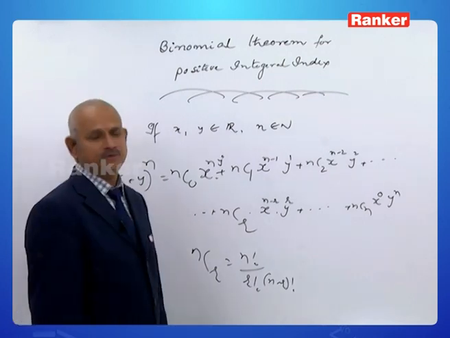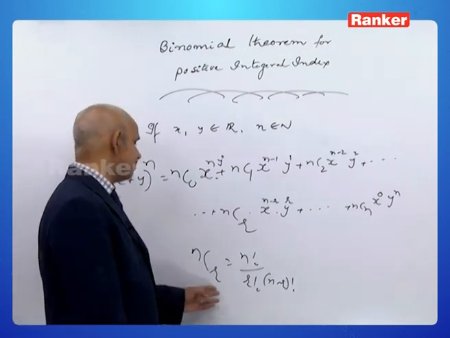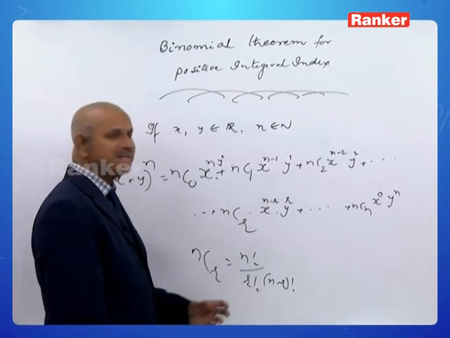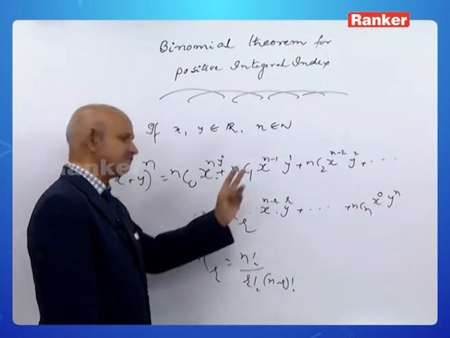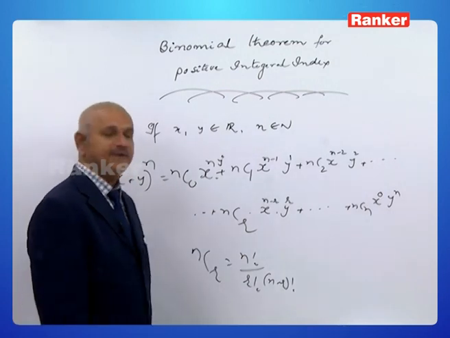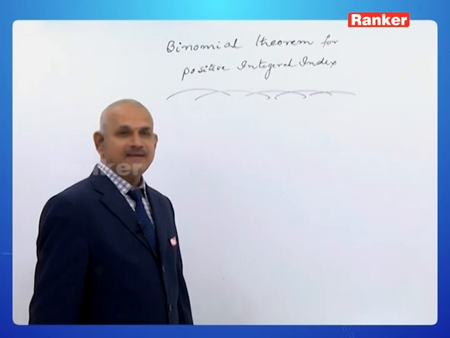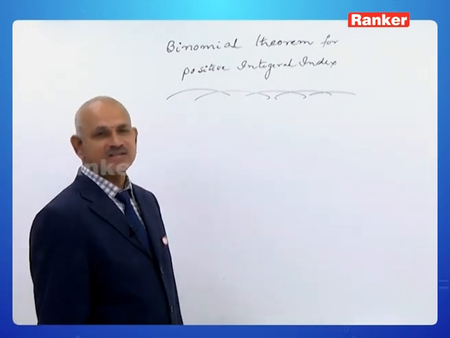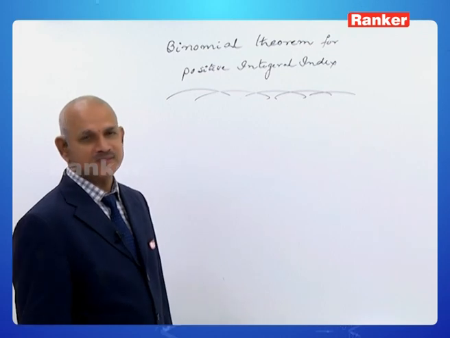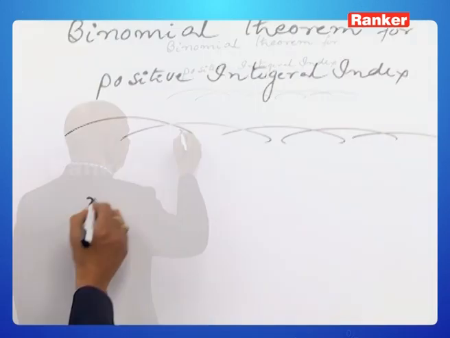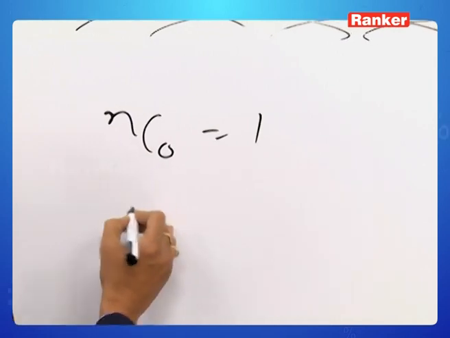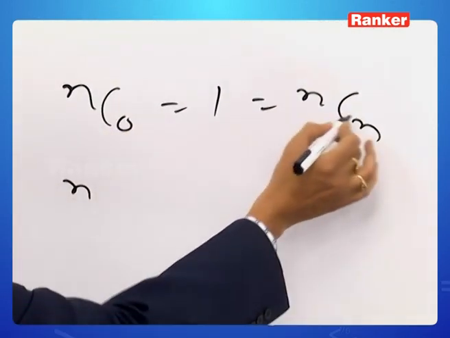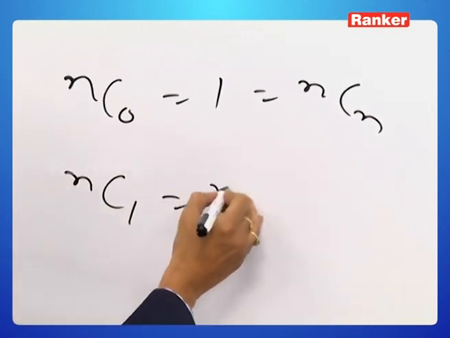Now, it is our duty to recall the properties of this nCr and to study the main, or rather salient features of this statement. We're now going to do that. Let us now recall the properties of these coefficients, namely nC0, nC1, nC2, etc. Look here, nC0 is equal to 1. This is again nCn. nC1 is n.